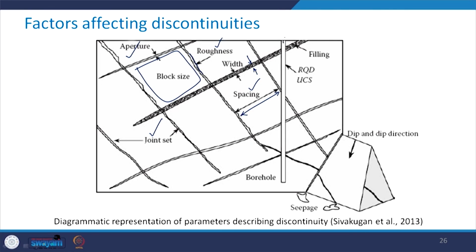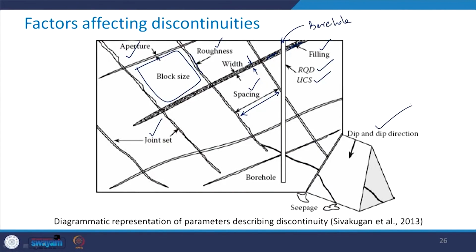You have a borehole, and from here you extract the specimen sample. From there you will be able to obtain RQD, test it in the lab, and you will be able to get UCS. As far as filling and its property is concerned, you have to take out the material from this part and you will be able to get the filling.